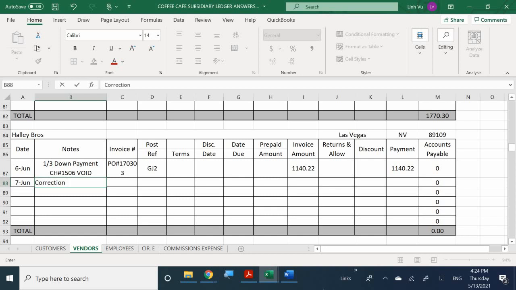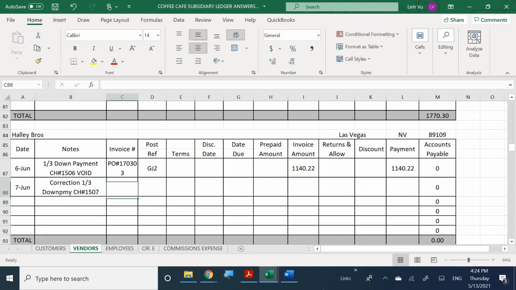Here's the correct one-third down payment, and you wrote check number 1507. Your invoice is now going to be your PO number 170303R, because you revised it.